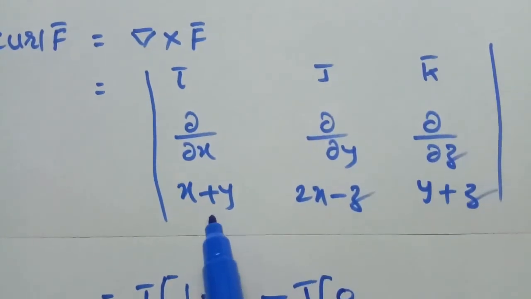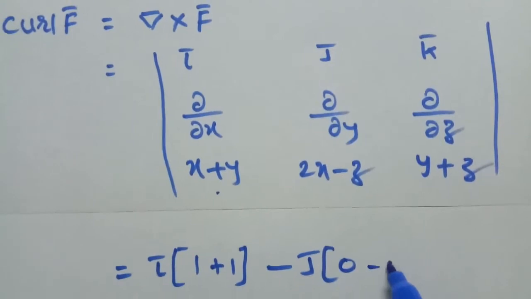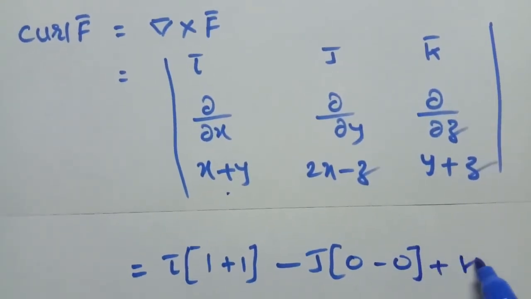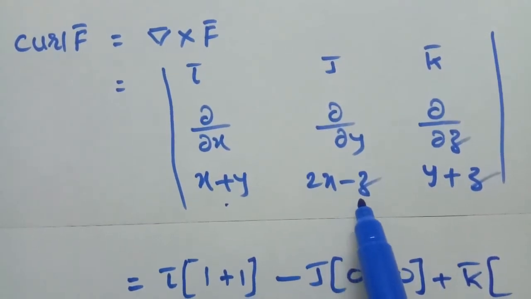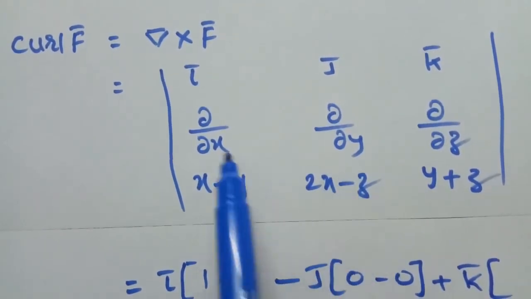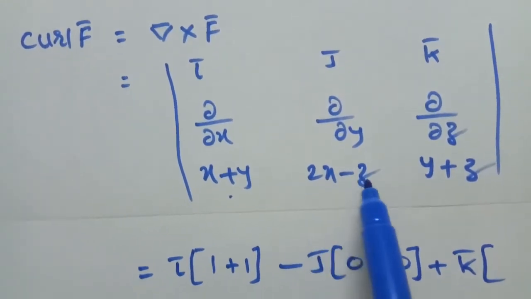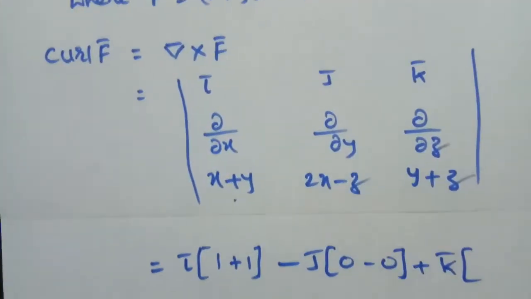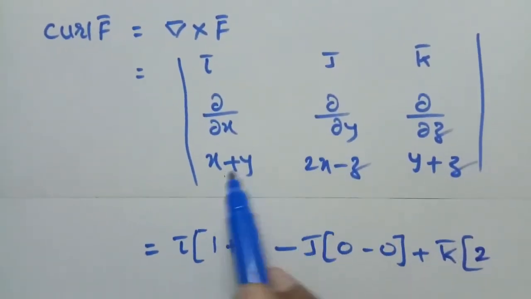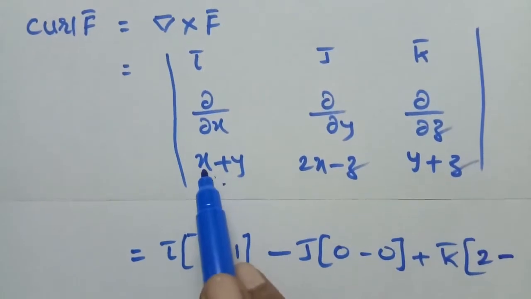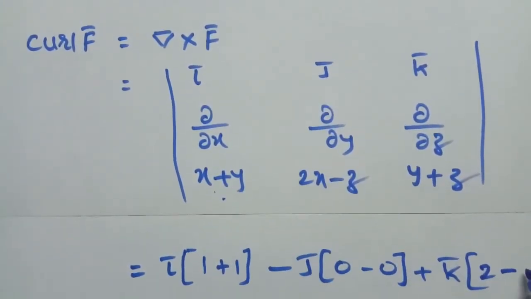Minus dou by dou z of (x plus y); as x and y are constants, therefore 0. Plus k bar times dou by dou x of (2x minus z), partial derivative with respect to x, so 2, and the partial derivative of z is 0 as it is constant, minus dou by dou y of (x plus y), 0 as x is constant and the derivative of y is 1.